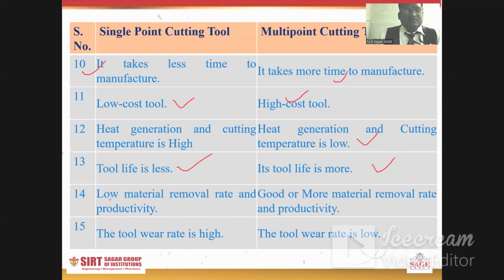Next, in single point cutting tool, there is low material removal rate and productivity. In multi-point cutting tool, good or more material removal rate and also productivity. The tool wear rate is high in single point cutting tool, and the tool wear rate is low in multi-point cutting tool.